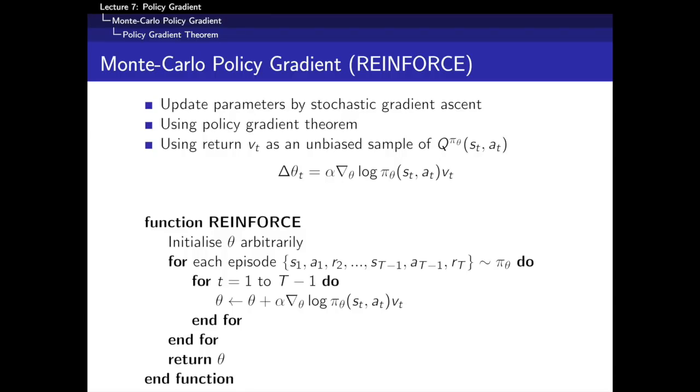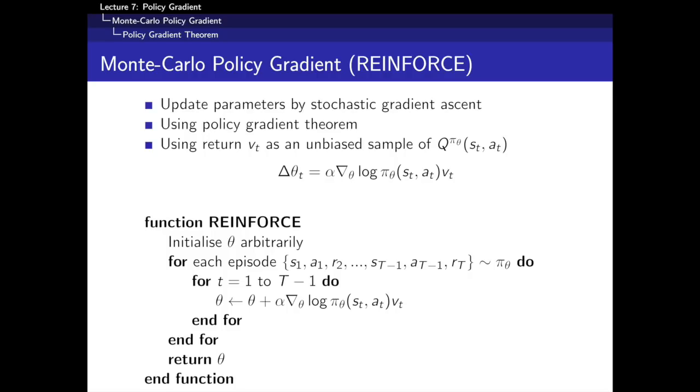And so what would that look like in an algorithm? Well, you'd start off, you'd pick some arbitrary parameters, you run your episode, and for that episode, first of all, you run forward and generate all of your rewards. This is like a forward view algorithm, so you have to go all the way to the end of the episode and generate your rewards. At the end of that, you know what the return was from each of your steps.